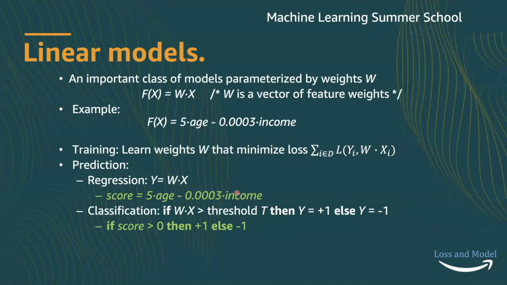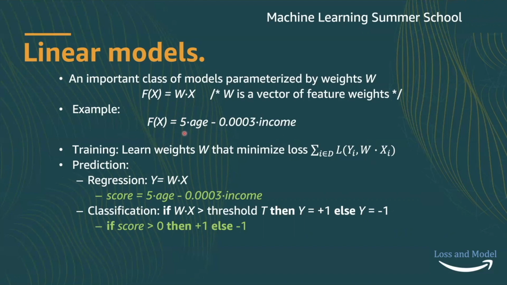Let's take a very simple example of a linear model. It's called a linear model because we're assuming that the function f is linear in terms of the feature variables x. So it's simply w transpose x or w times x, and it'll look just like any other linear equation.